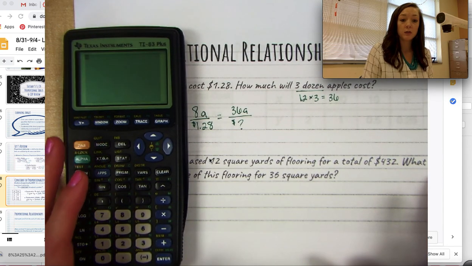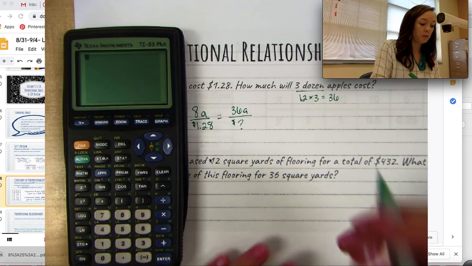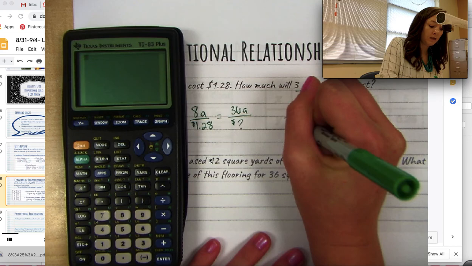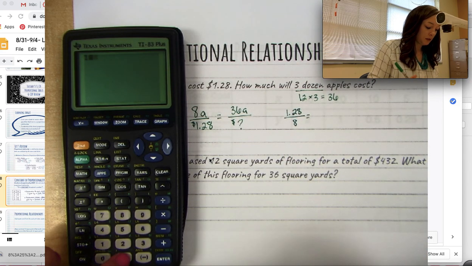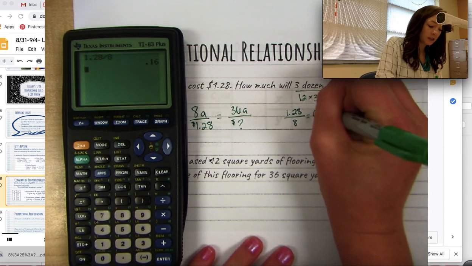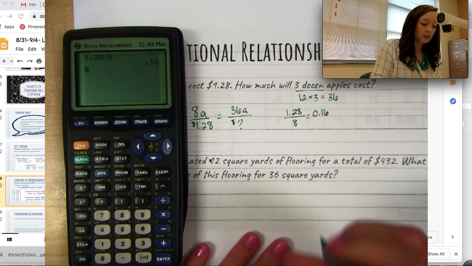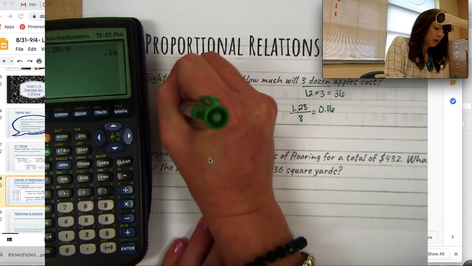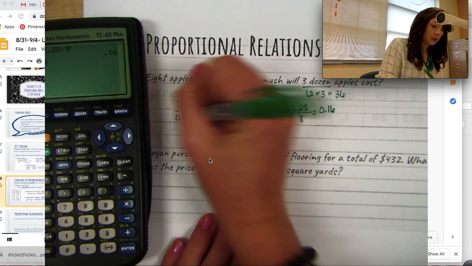And it's okay if you use a calculator. I want you to just show me what you're doing. So over here to the side, you'll write 1.28 divided by 8. And I'm going to do that same thing on my calculator, and I get 0.16 or 16 cents. So I know for 1 apple, it equals 16 cents.